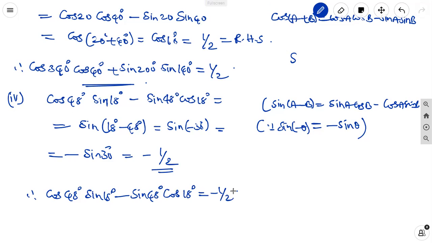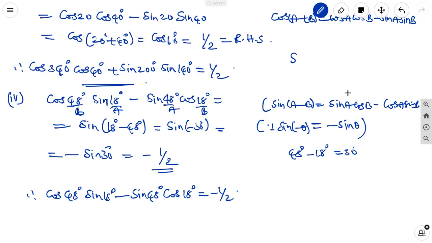First, you can check it with the formula sine A cos B. So it is A, it is B, this is A, it is B. So for that only we can take A as 18, B as 48. If you take 48 minus 18, then it is positive, but it's not suitable for the formula. Why?